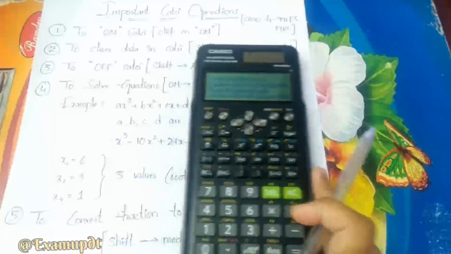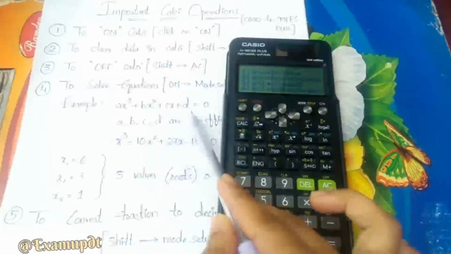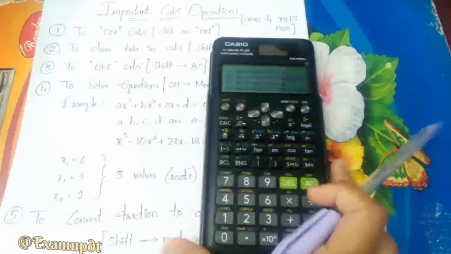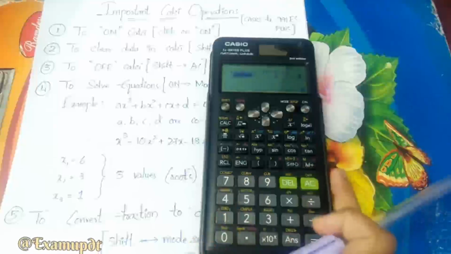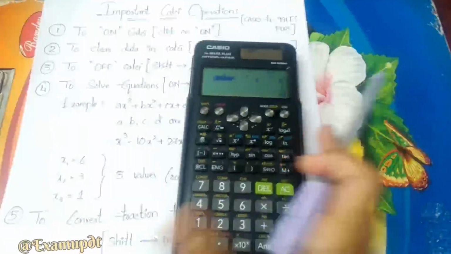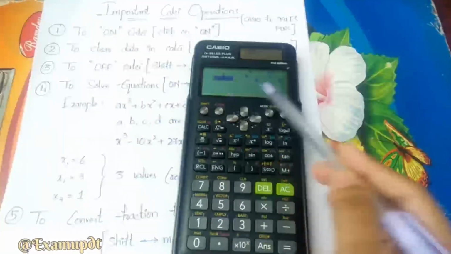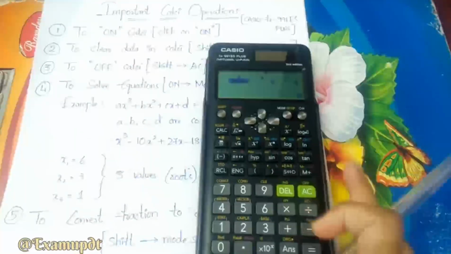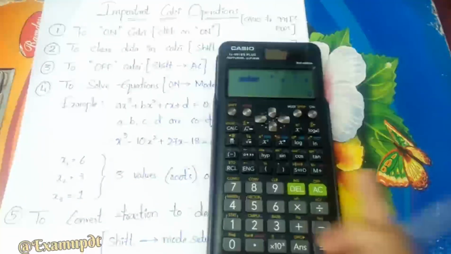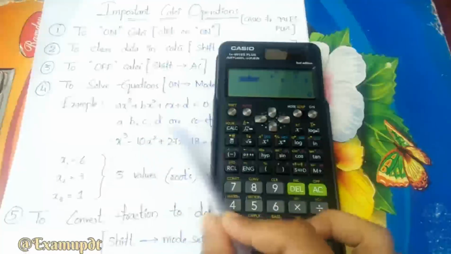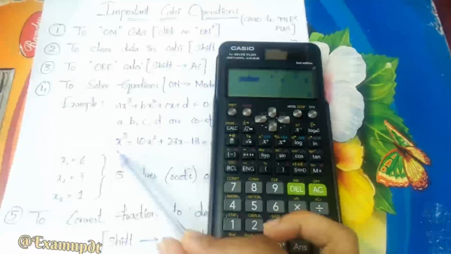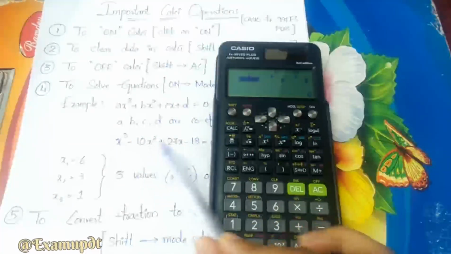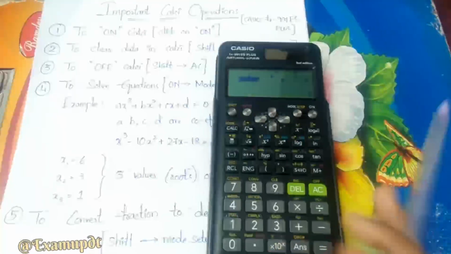Now for example I want to use the cubic equation. For that I have to click the 4. Now after clicking here we will have the coefficients a, b, c, d. Now I am taking it as x cube minus 10x square plus 27x minus 18 equals 0.